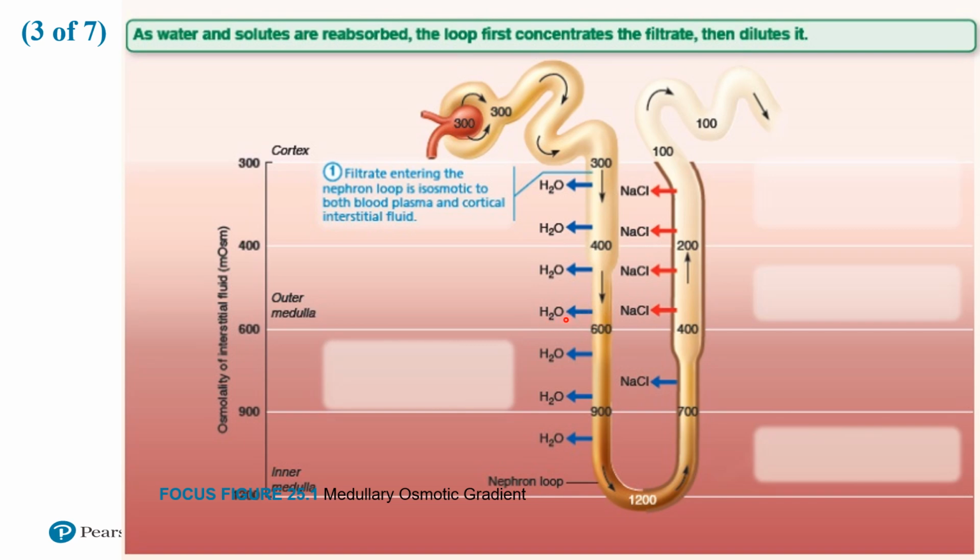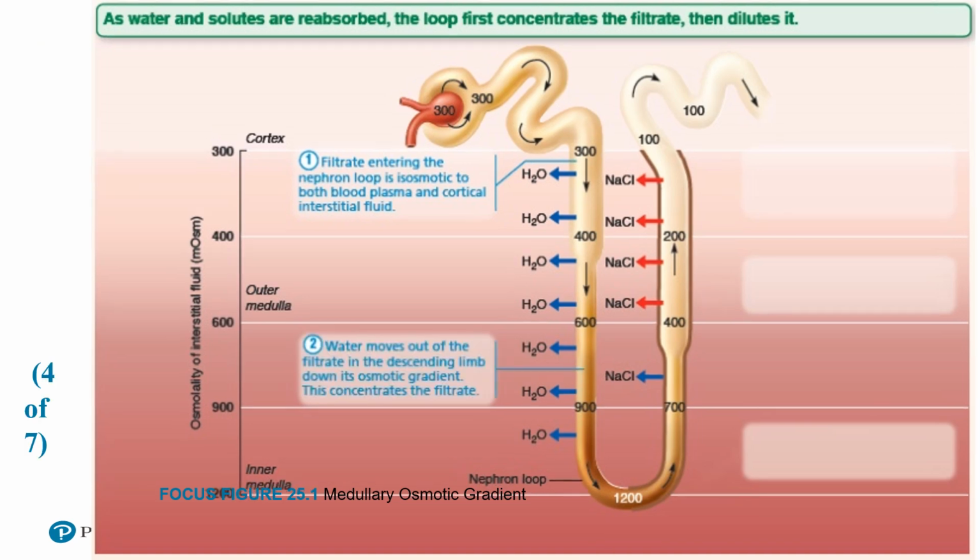Water is reabsorbed. It is impermeable to solute. So this is becoming concentrated, and as it moves down, it becomes more concentrated, as water moves out of the filtrate in the descending limb down the osmotic gradient. This concentrates the filtrate.